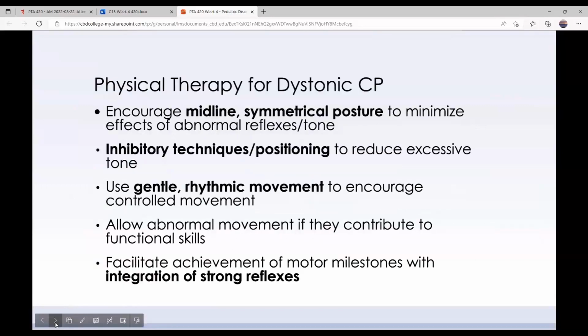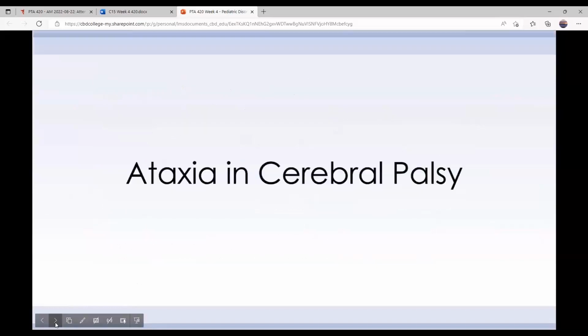So what we want to do is try to maintain midline, maybe support them with orthotics or positioning devices, and try to do inhibitory, calming activities, gentle rhythmic movement. It's very tough to treat, and it's a very rare condition.